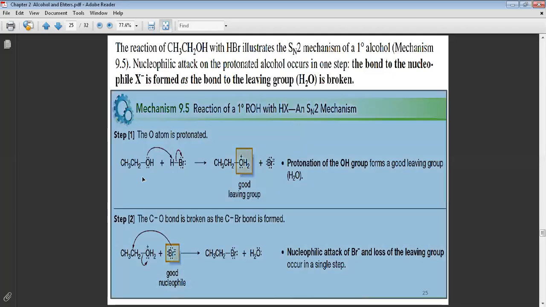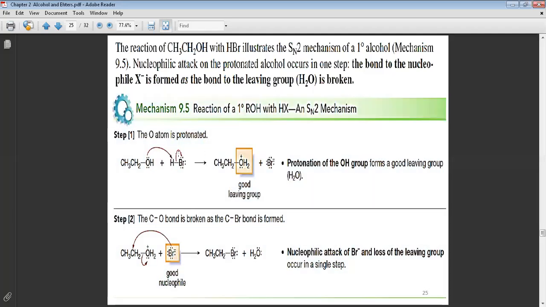The first step, we said, is protonation. Protonation of the hydroxyl group forms a good leaving group, the H2O molecule. The second step: this will be attacked from the backside, and the leaving group will be removed by the SN2 mechanism.